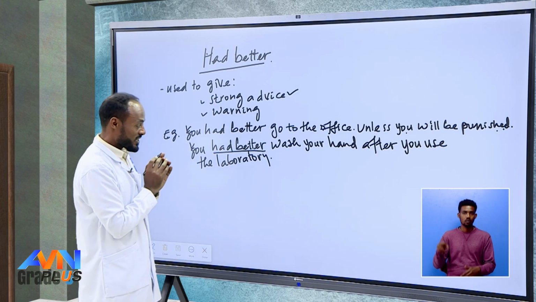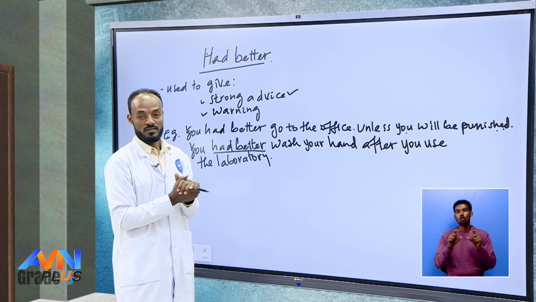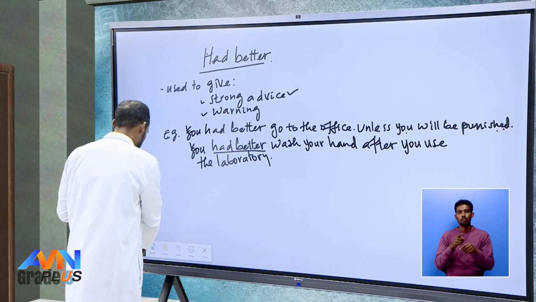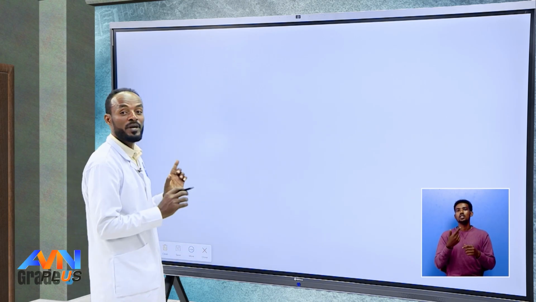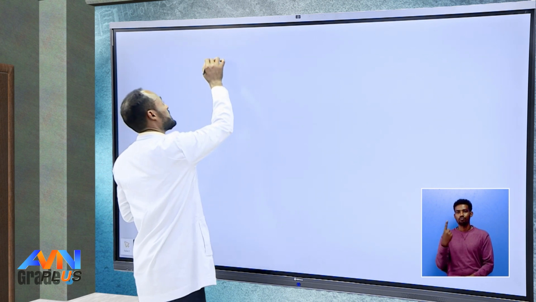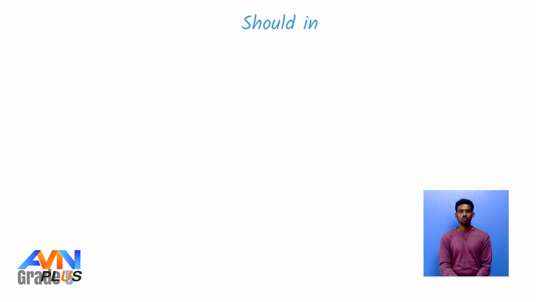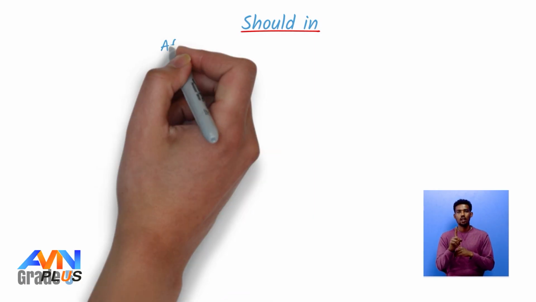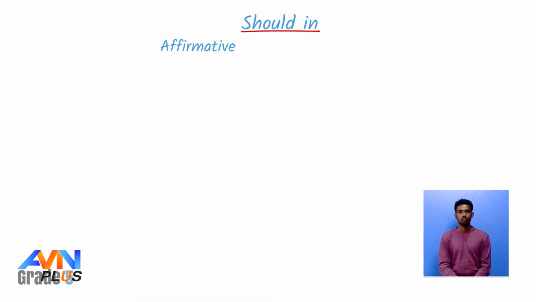Look, from this sentence, maybe we can derive the form of the affirmative sentence. Is it clear? So in affirmative sentences, we can use different structures. Let's say something about that one by one. Okay, for example, to use should, in affirmative, the subject goes at the beginning.